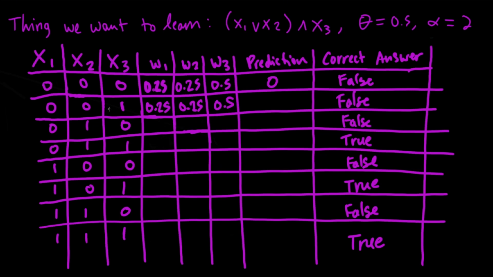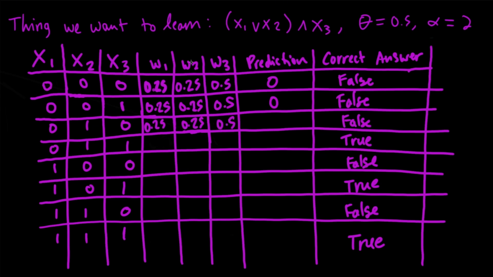Okay, the only feature that matters to the sum is x3, so we're going to do x3 times w3, or 1 times 0.5, and 0.5 is less than or equal to theta, so we predict 0. 0 is correct, so we don't modify the weights. So we move the weights down, 0.25, 0.25, and 0.5.